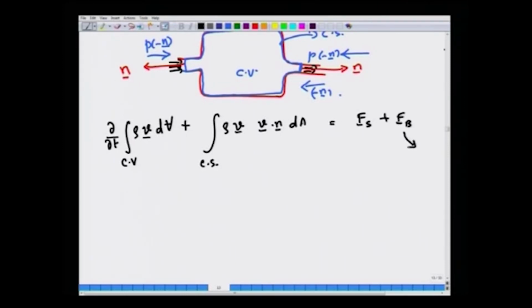So, we have understood what Fb is, and we have said that Fs is usually due to pressure. Viscous stresses, although they are important in many cases, at the level of integral balances, at times it is not easy to obtain detailed information about the viscous shear stresses in a flow problem, and therefore one often neglects them because of lack of information.